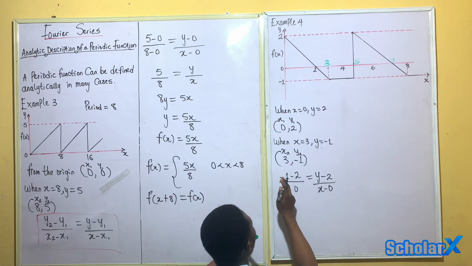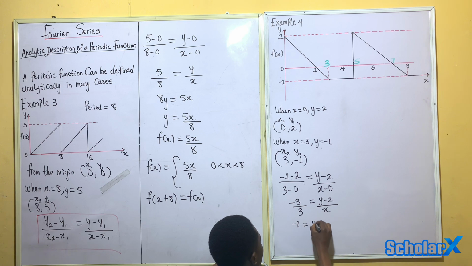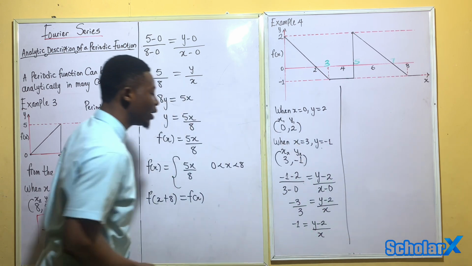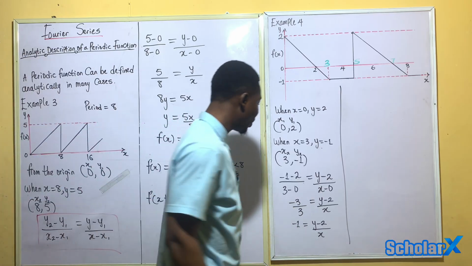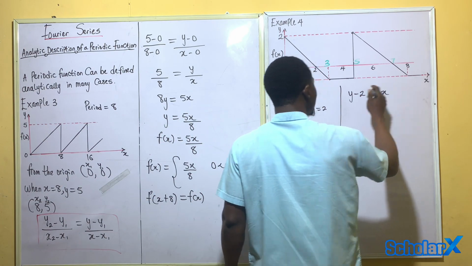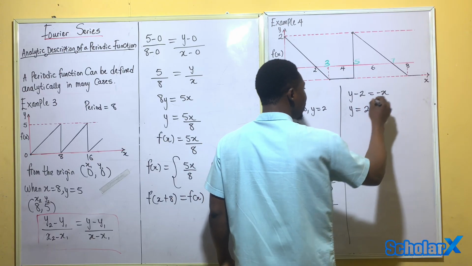So minus 1 minus 2 gives us minus 3, divided by 3 minus 0 gives us minus 1, is equal to y minus 2 over x. So cross multiplying, it becomes y minus 2 is equal to minus x. Take minus 2 to this side, and y is equal to 2 minus x.